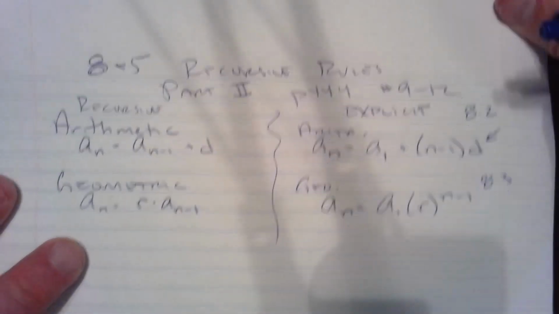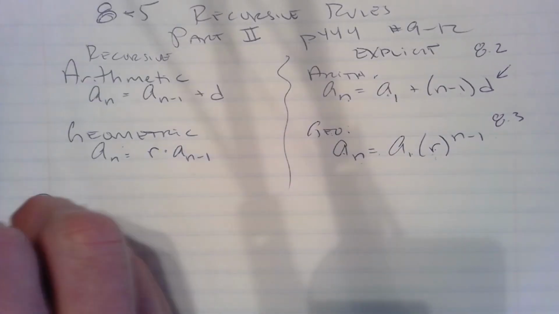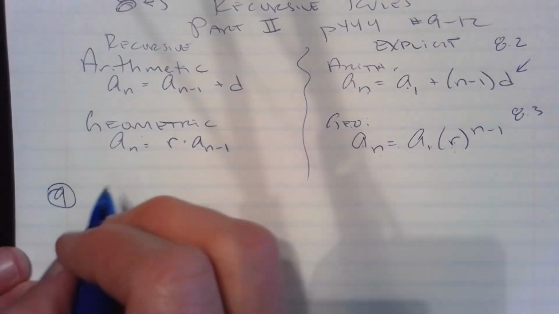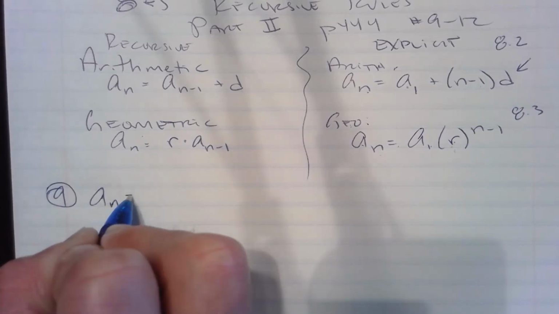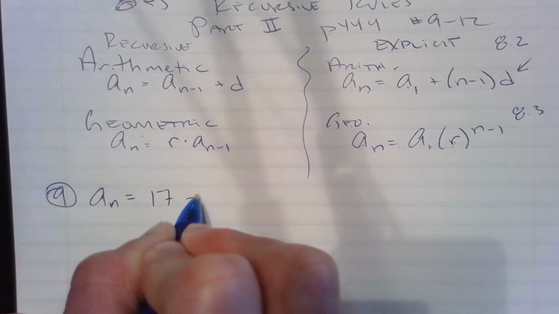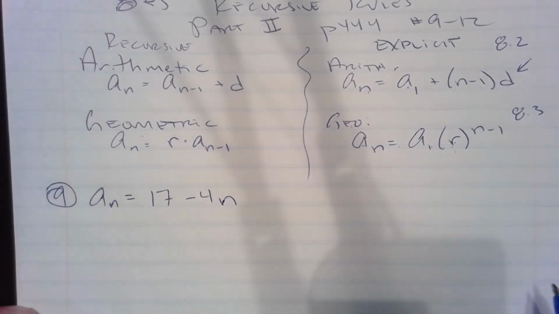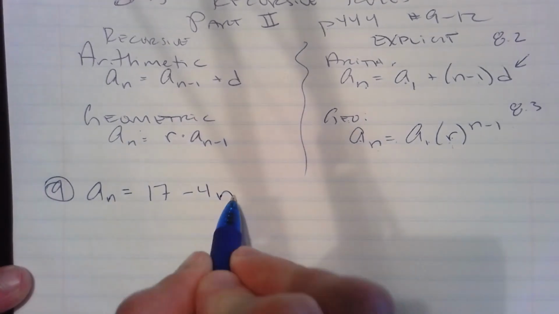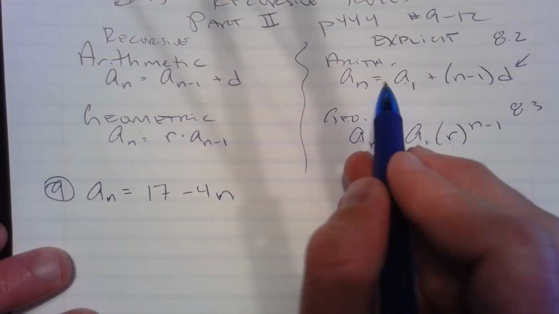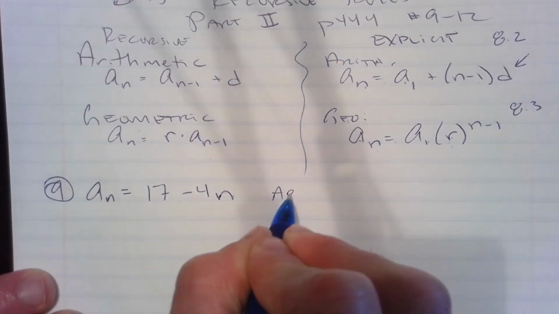So for number 9 on page 444, it says to write a recursive rule for the sequence. The nth term is 17 take away 4n. First of all, I want to identify what type of equation this is. It looks like an arithmetic equation.